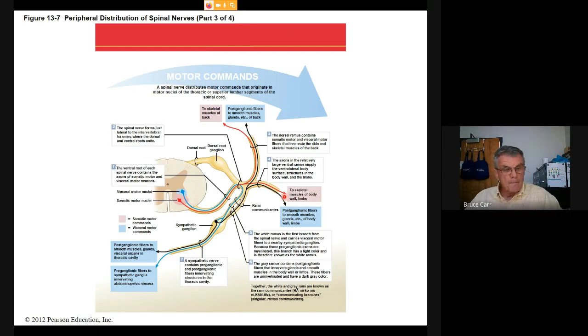This black connection is an interneuron that originates receiving its visceral signals from the synapse here in the ganglion and distributing it literally to all parts of the body.